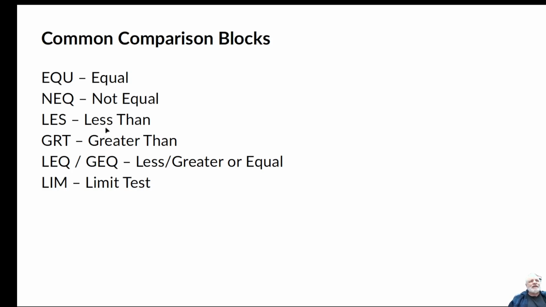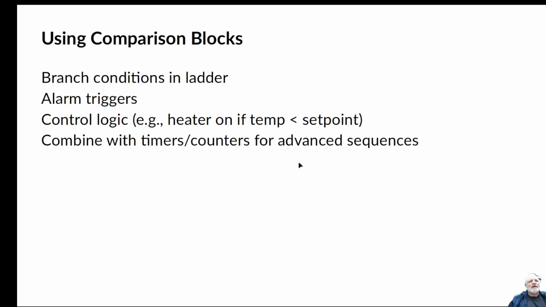And so you definitely want to use things like a greater than or less than for those. All right, but these allow us to set alarms or various conditions based on the control blocks.